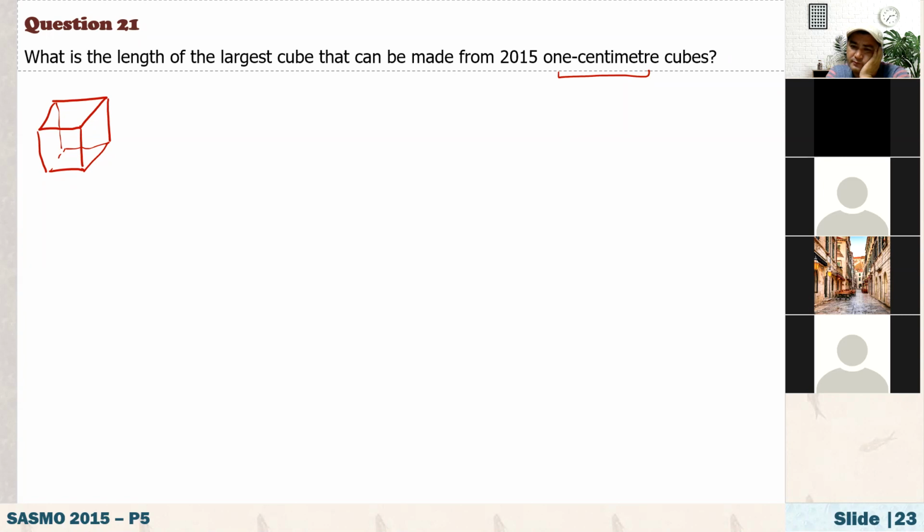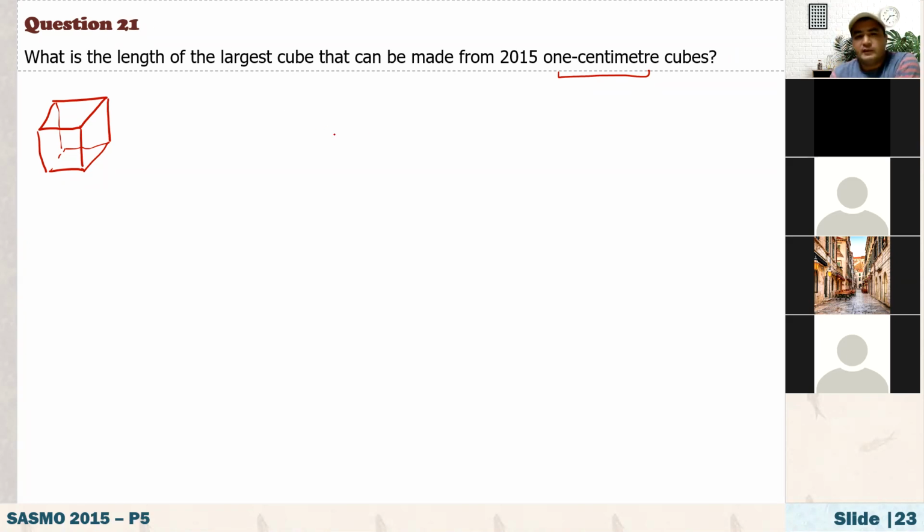I say no, because I think that the number needs to be a square number, so it will be equally divided. Square number or cube number? I think square. It is cube, right? Cube, because it says cube.